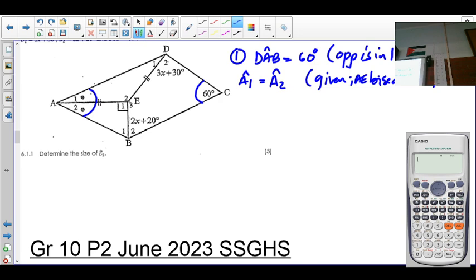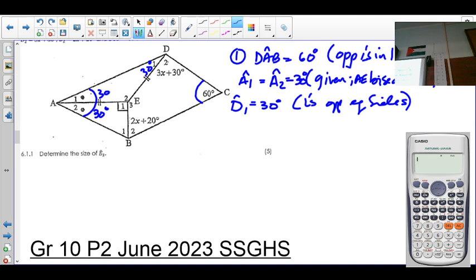Which means A1 and A2 are equal to 30 degrees each. Or if you want to write it in the next line, no problem. Then we see that angle D1 is equal to 30 degrees. Why is D1 30 degrees? Because angles opposite equal sides are equal.